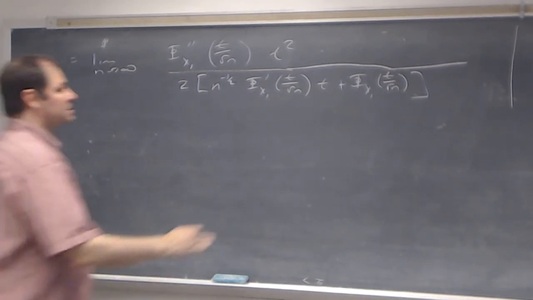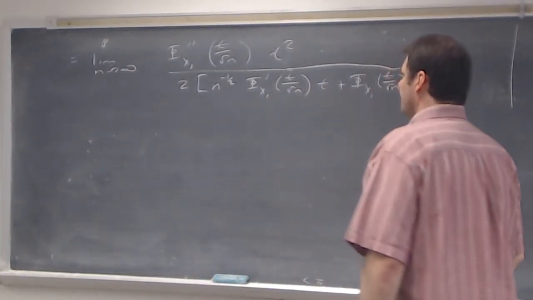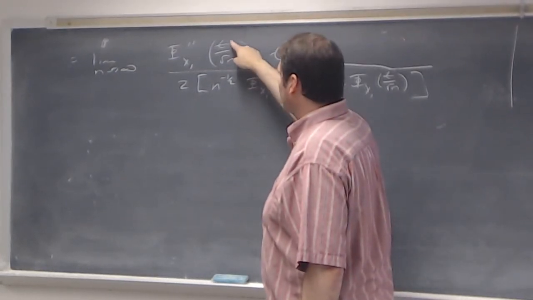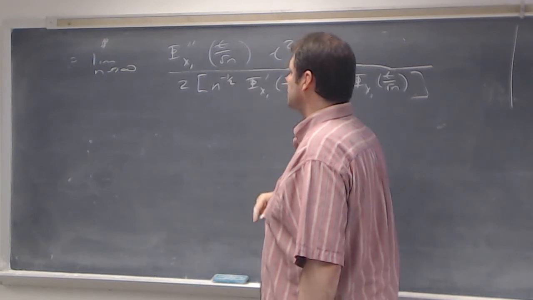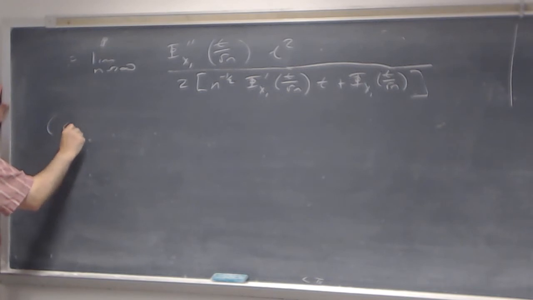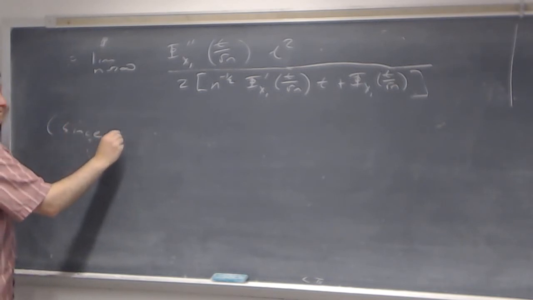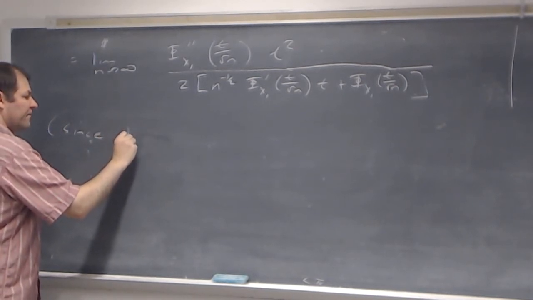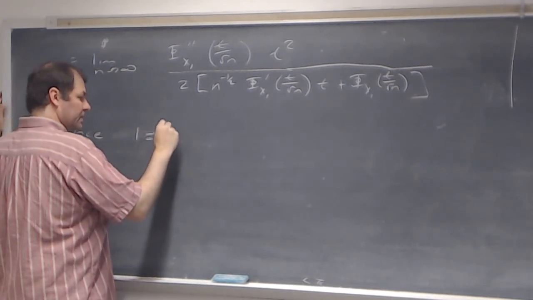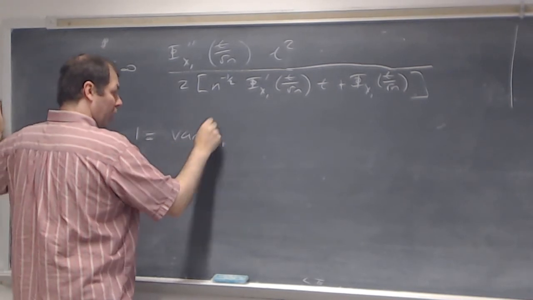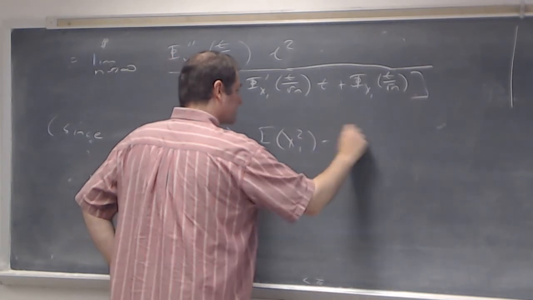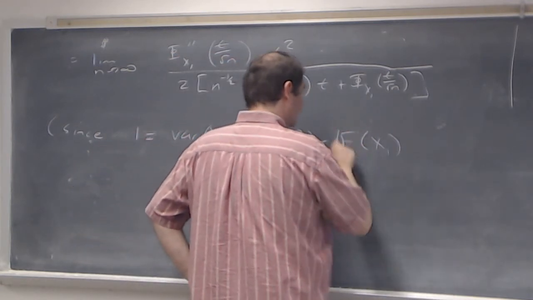Now, when we look at this, as n goes to infinity, right here, this is going to be the expected value of x squared. Now, let me just make this comment. Since, in this case, the variance, well, this is 1, sigma squared equals 1 in our case, which equals the variance of x sub 1, which equals the expected value of x sub 1 squared minus the expected value of x sub 1, squared.